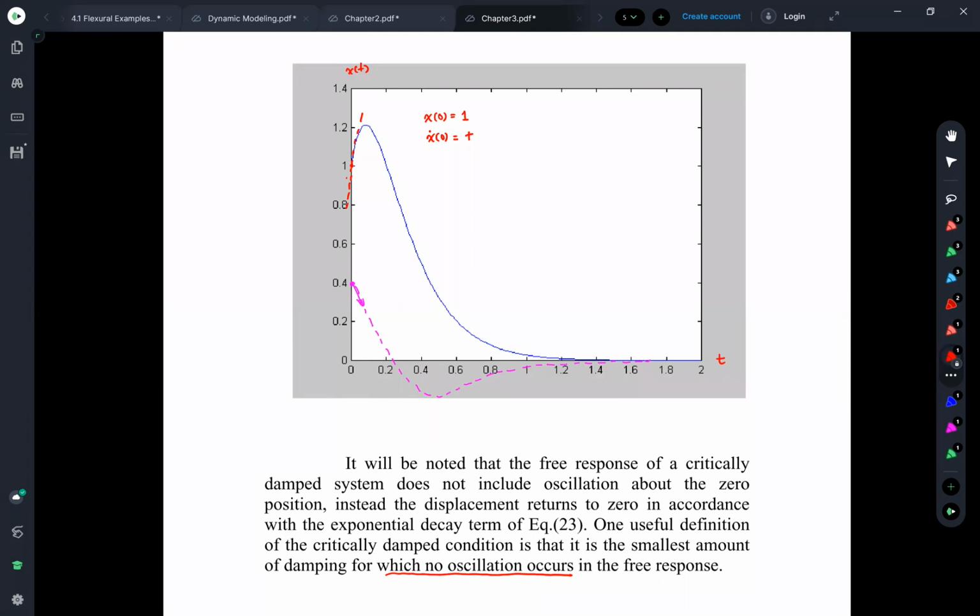The pink plot tells me that if the initial displacement x0, for example in this case, is something like 0.4, but my x dot is something special, very large negative, the slope here is negative.